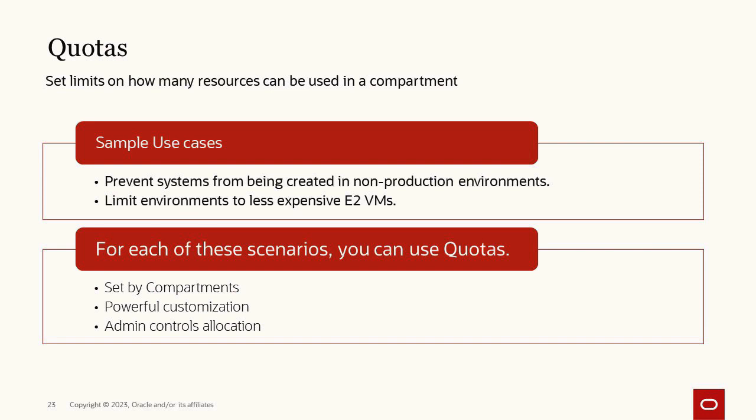And the second one is limiting environments to less expensive E2 VMs. And that can be extended for less expensive versions of all resources. A good example of this is, let's say you've got an archival compartment where you're just keeping some storage of data that is not expected to be used very regularly.